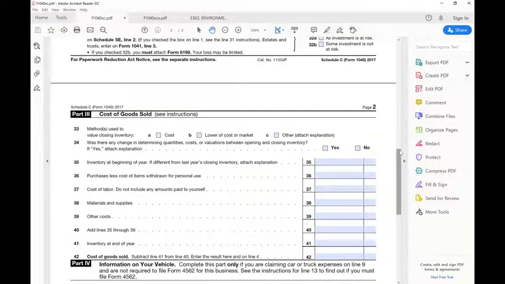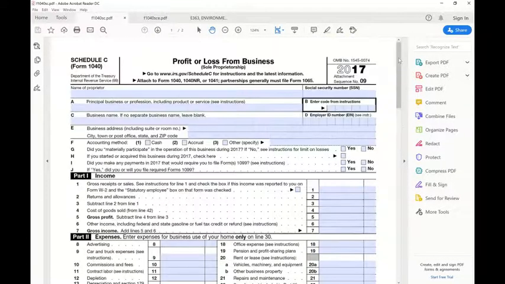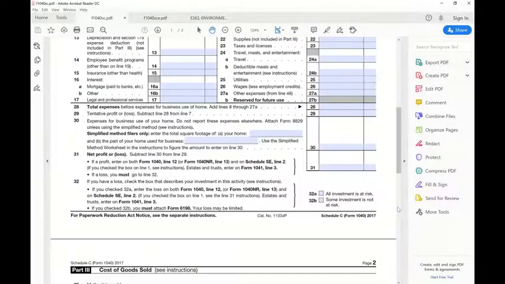So this is mainly parts 3, 4, and 5. This may give additional information about some items included here in the income statement. Okay, so this is mainly the first schedule, which is Schedule C.